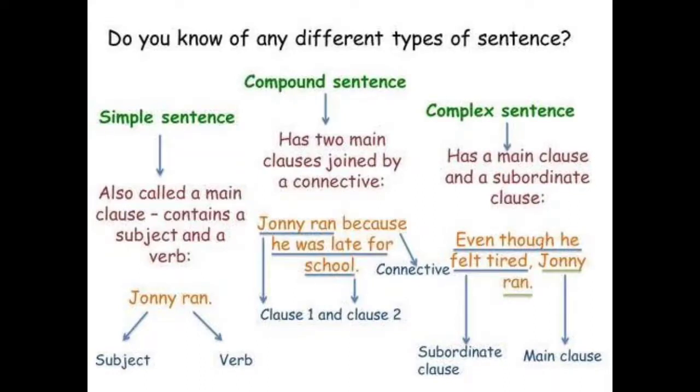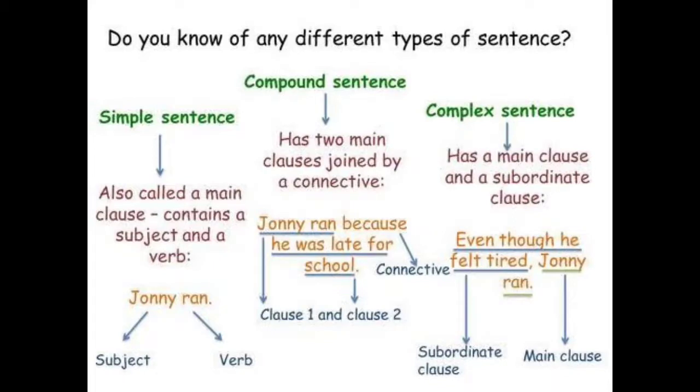When it changes into a compound sentence, it contains two main clauses, independent clauses, joined by a connective, that is a coordinating conjunction. Look at the sentence here. Johnny ran because he was late for school. Because is the conjunction here, and we are connecting two main clauses, clause 1 and clause 2. So the sentence is, Johnny ran because he was late for school.